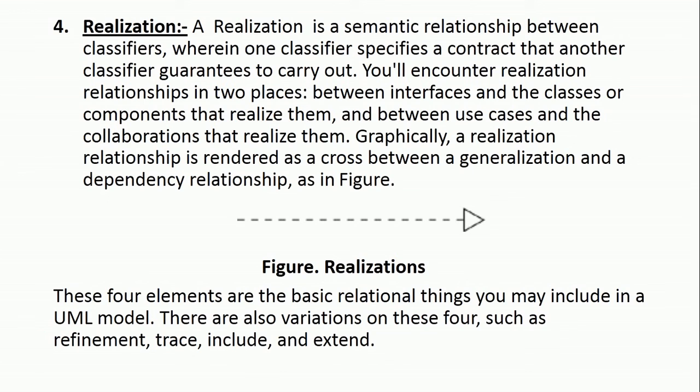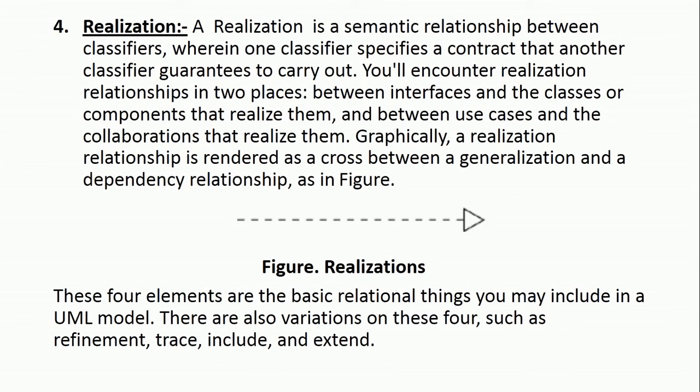These four elements are the basic relational things you may include in a UML model, and there are also variations on these four, such as refinement, trace, include, and extend relationships. So according to the requirement, we use the include and extend relationships, refinements, and traces.